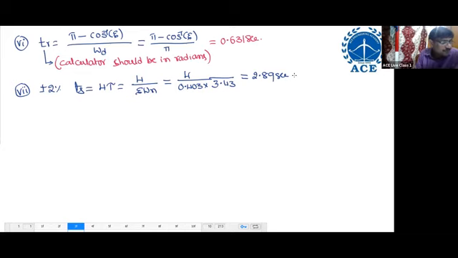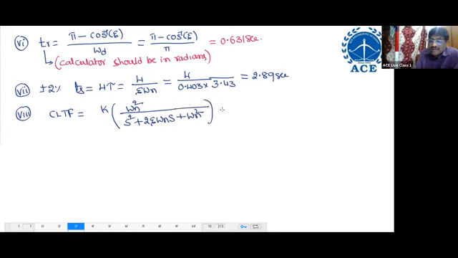Next, the closed loop transfer function, the 8th one. The transfer function is K omega n square by s square plus 2 zeta omega n s plus omega n square. Given a closed loop with unit step input, A is 1 and K equals 4.